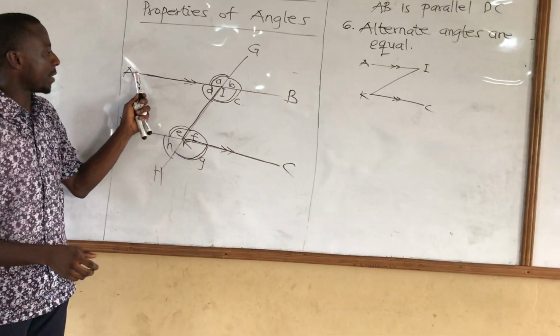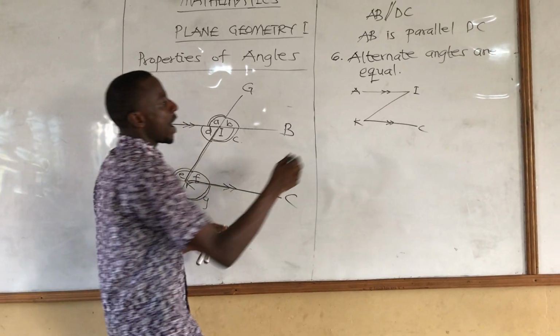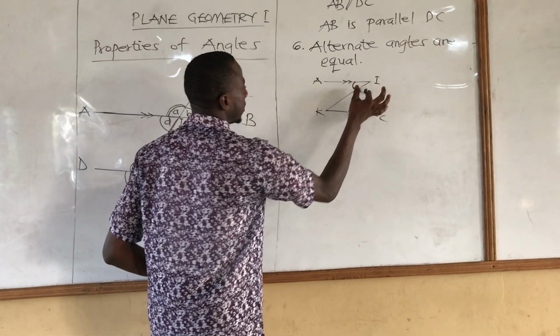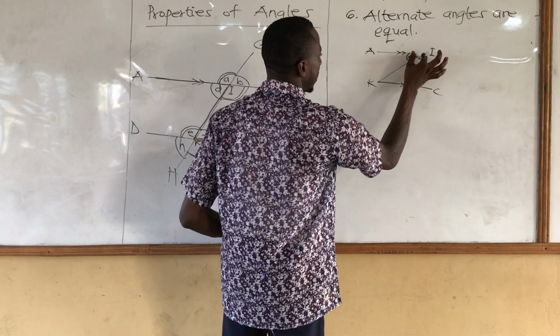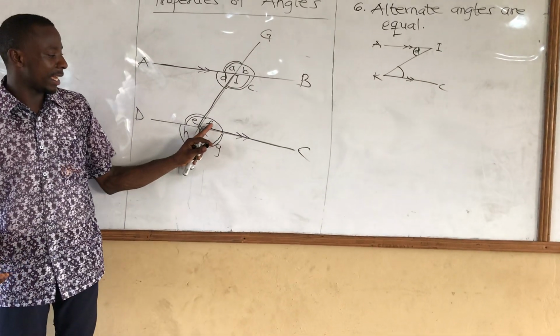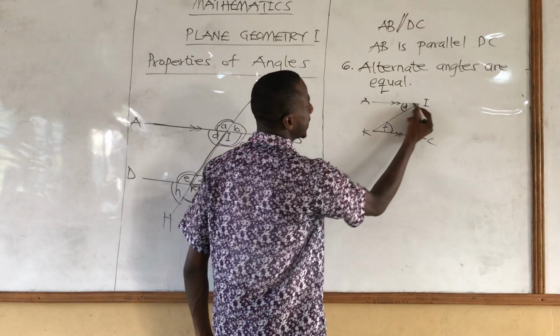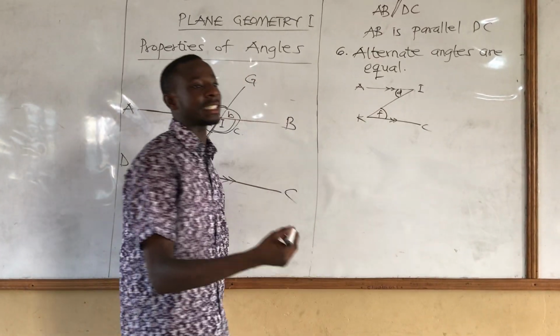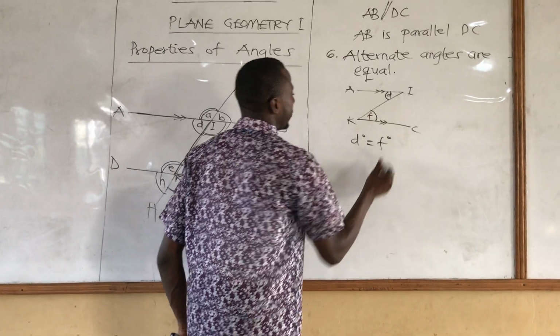So from the Z shape, A, I, K, C. Now, an angle has been formed here, and that is angle D. So let me put a D here. Another angle being formed here, and that is angle F. So because of the Z shape, we can say that angle D is equal to angle F.